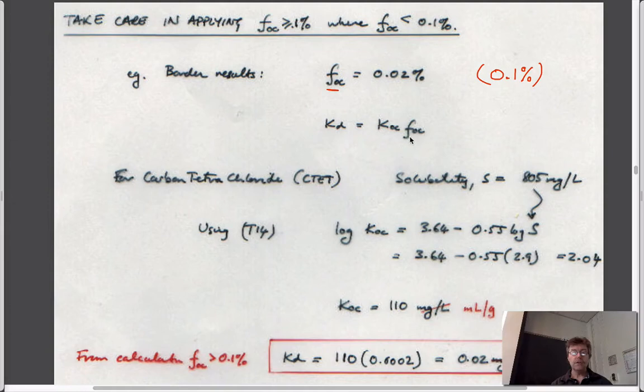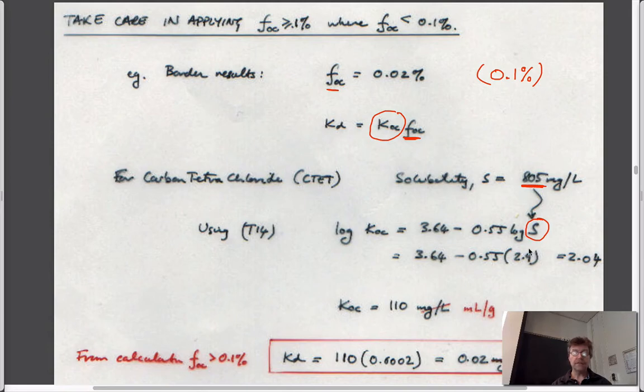And so we're going to use this 0.02%. We're going to calculate this for carbon tetrachloride. We know that the solubility of carbon tet is 805 milligrams per liter. We can substitute it in here, take the log of that. It's going to be something like 2.9, less than 3, because 1,000 would be 10 to the 3 and 10 to the 2 is 100.